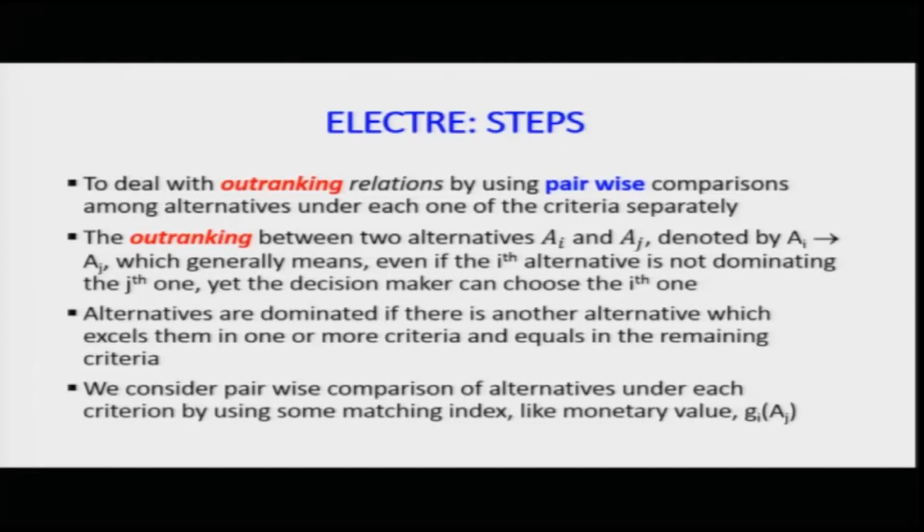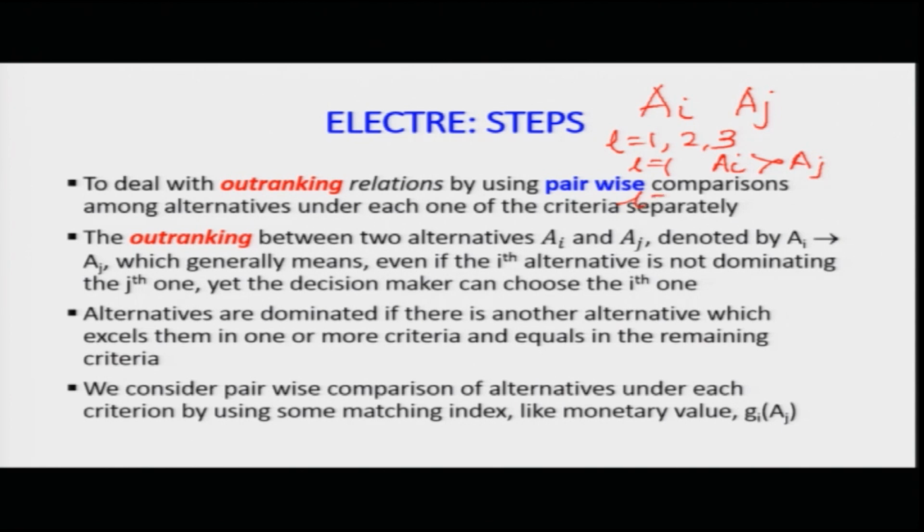Alternatives are dominated if there is another alternative which excels them in one or more criteria and equals them in the remaining criteria. So, for example, I have A i and A j as the alternatives, and l equal to 1, 2, 3. With respect to l equal to 1, A i is greater than A j.